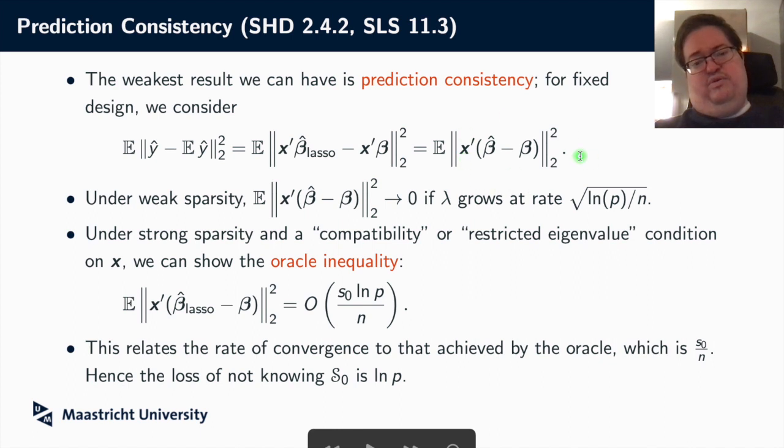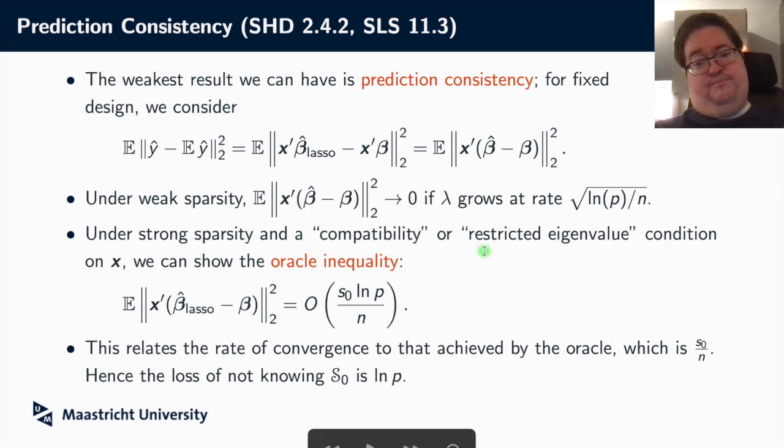This is of course related to what I was mentioning before. If you do prediction, you don't particularly mind if you get some of the elements wrong, as long as they don't matter too much. If some coefficients are 0, but you estimate them as non-zero, as long as they're not too big, they will not affect your prediction. So this is the weakest form of consistency we can consider.